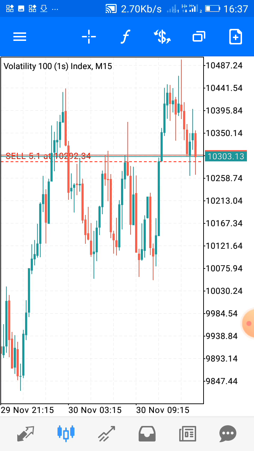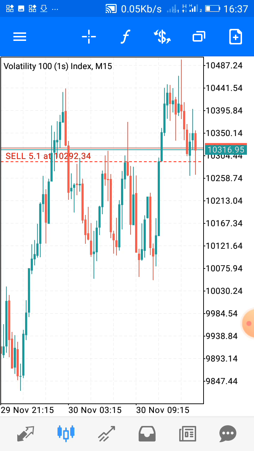Whenever or mostly when you place a trade on a volatility indices account, these two lines or the quotes, they always move against you. So make sure when the retracement happens, your account must be safe, because this is a fact, not an opinion. I discovered that.